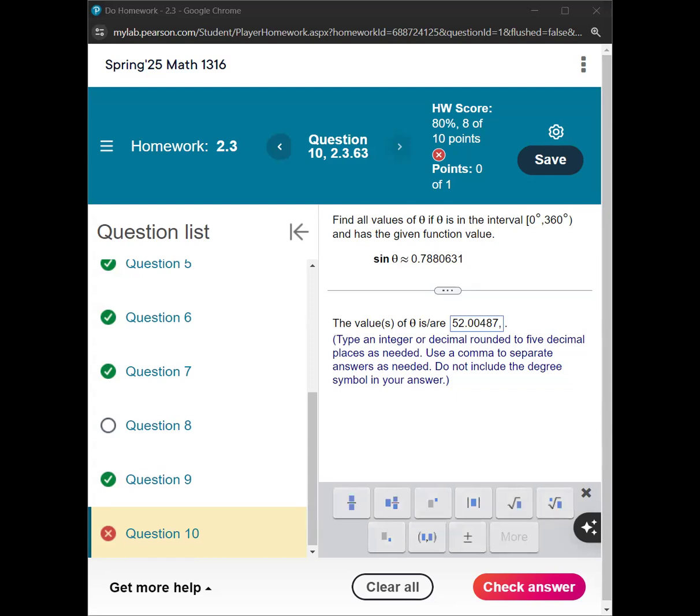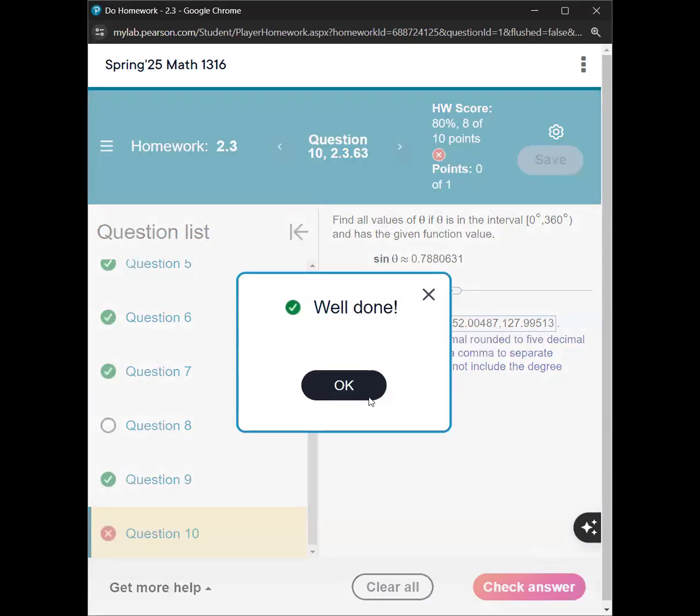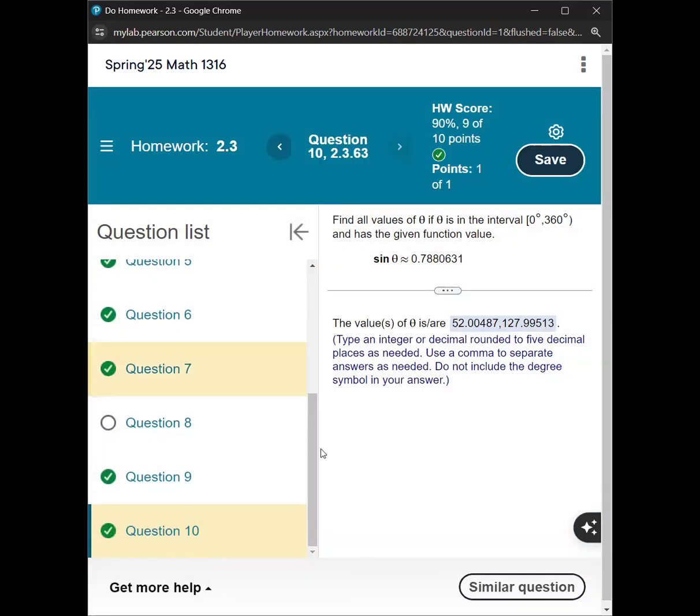So I'm going to do 180 minus, I think it allows me to copy the answer from the first line. And then I can paste it here. So the other answer they will be looking for is 127.99513, because they want 5 decimal places, and the 2 will change to a 3 because of the 8. And then I can check this answer. Now I will get the full credit for this question, and this is the end of 2.3.